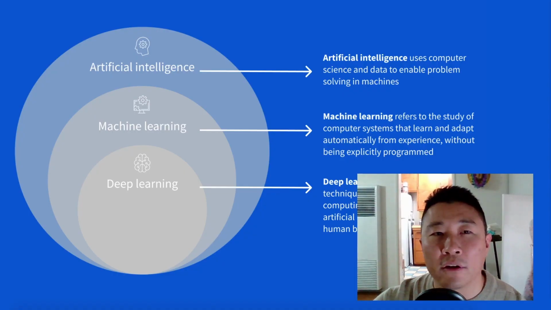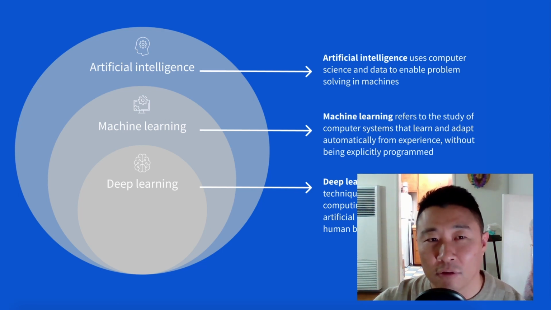So here are the different areas and subcategories of artificial intelligence. AI is really the big overall arching topic, and that goes back decades. It's really anything that tries to mimic human behavior. Then we have a smaller subcategory, machine learning, and that has to do with more so statistical models that are kind of on steroids now that they have access to big data.